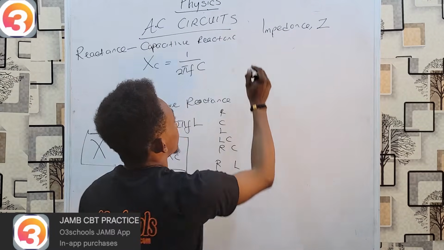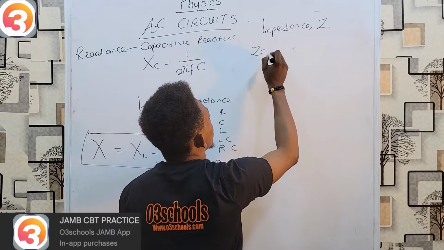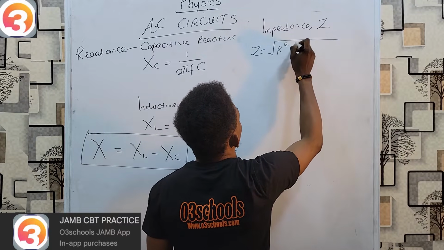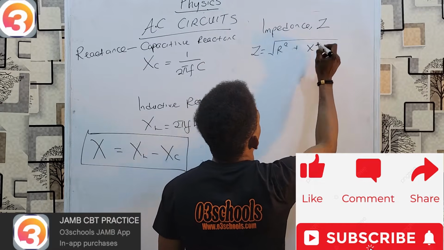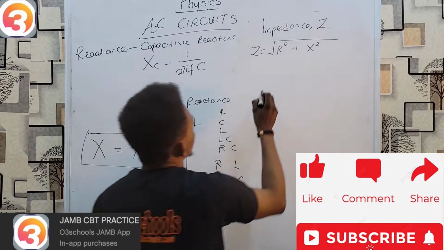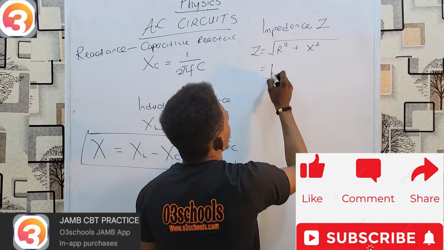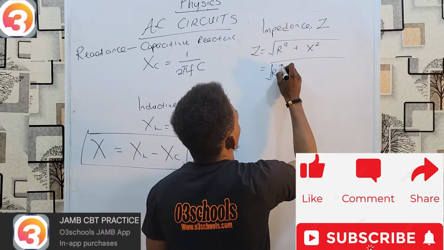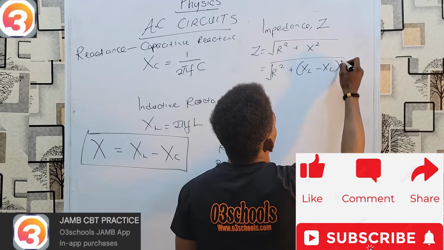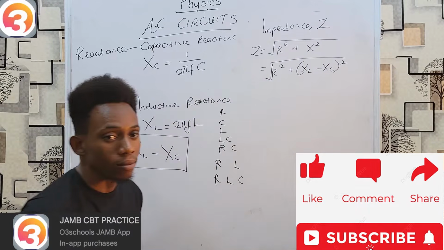Okay, so how do you get our impedance? Our impedance is given by square root of R squared plus X squared, where the X here is the overall reactance. So you can rewrite it by saying square root of R squared plus (XL minus XC) all squared.